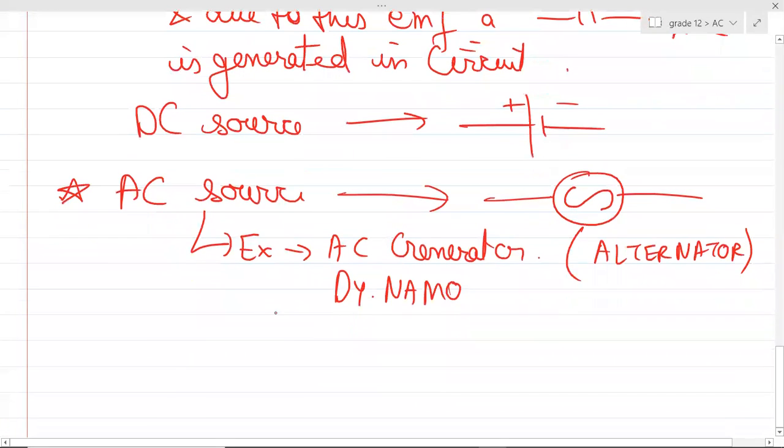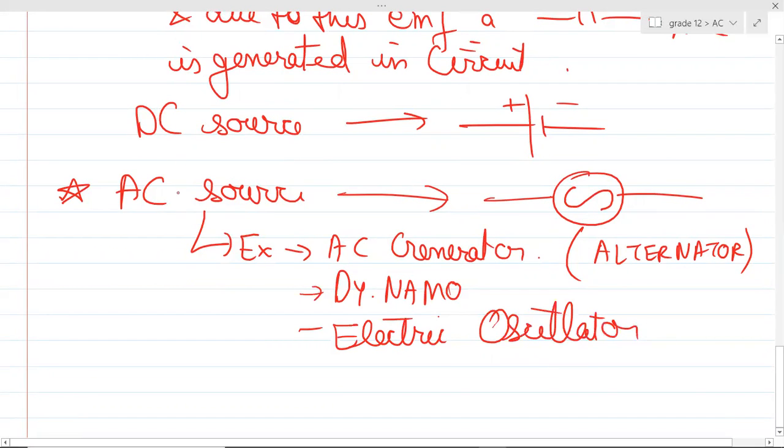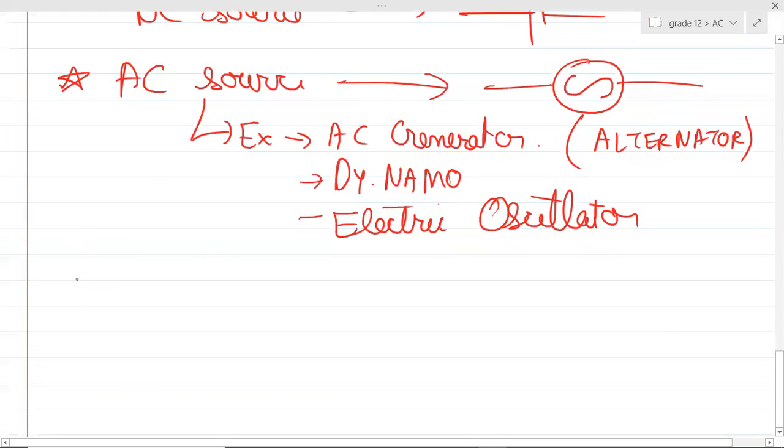It may be an electric oscillator, right? It can be any of these sources. All of these sources are basically sources of AC. Is this clear?